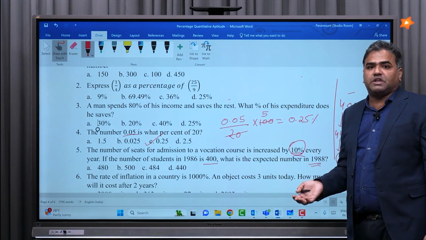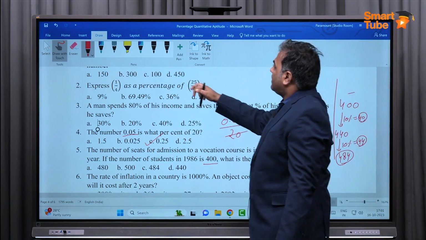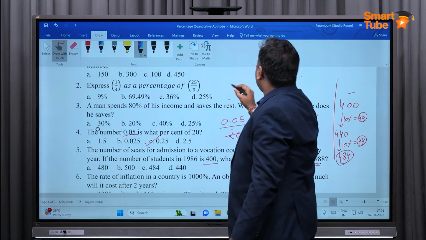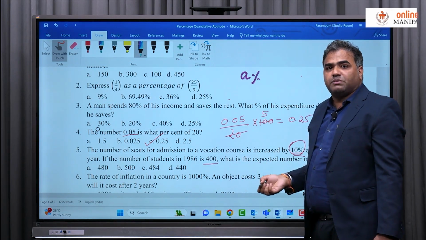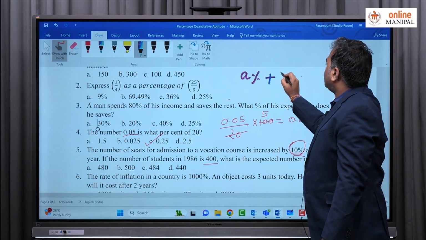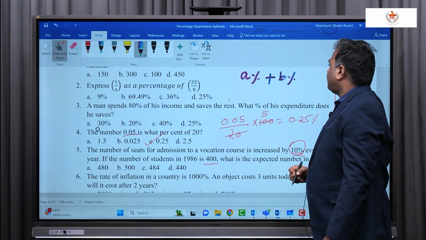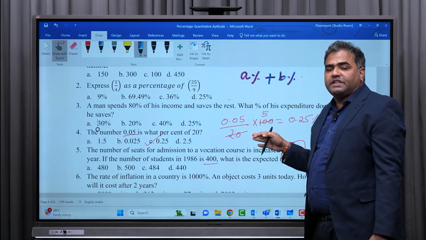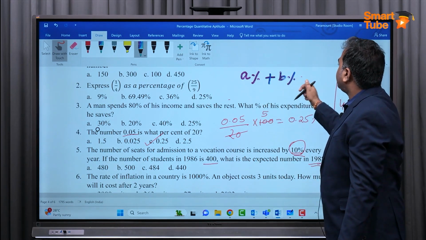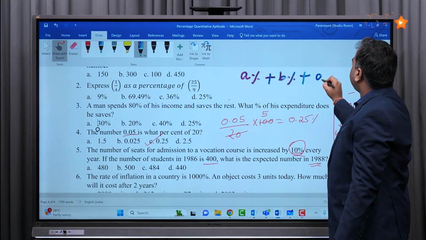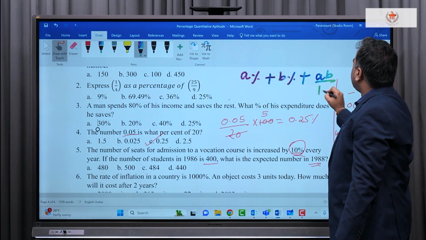It is 21%. So please understand that if a variable increases by a%, and then it increases by b%, the net percentage change is not a% plus b%, it would be a% plus b% plus AB by 100%.